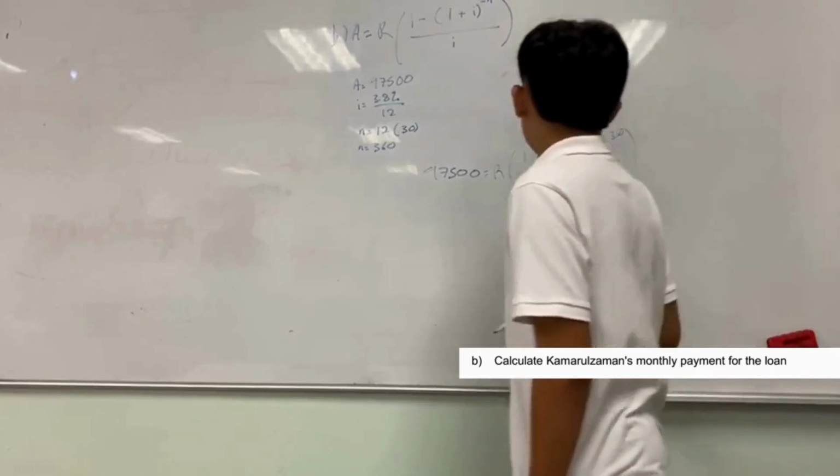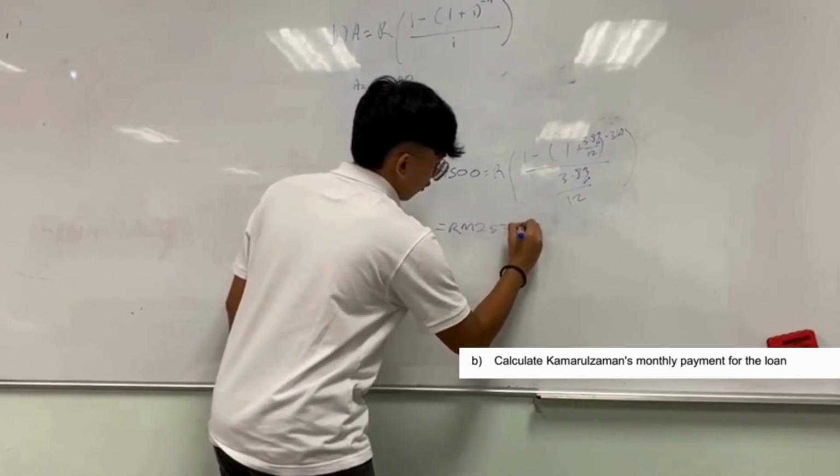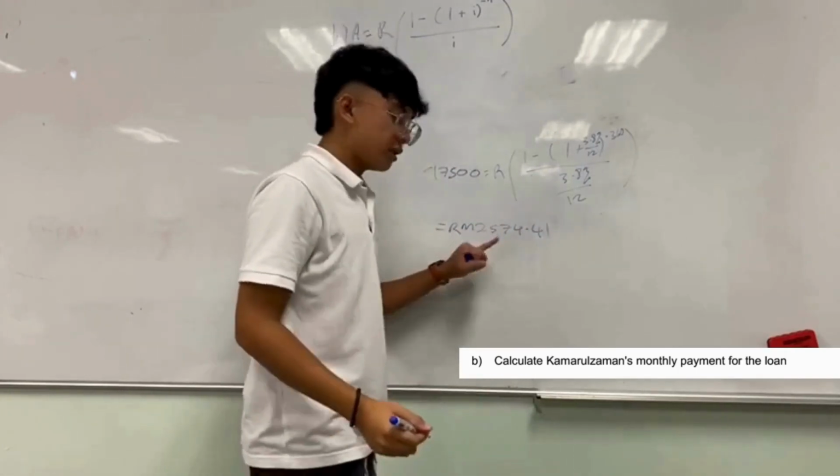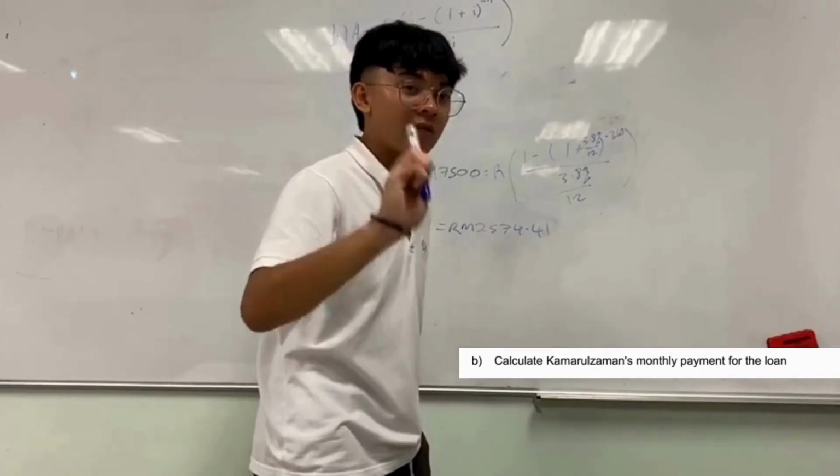So you get the answer 2,574.41. This is the amount Kamal Zaman has to pay monthly to cover the money he borrowed from the bank for the payment of his house.